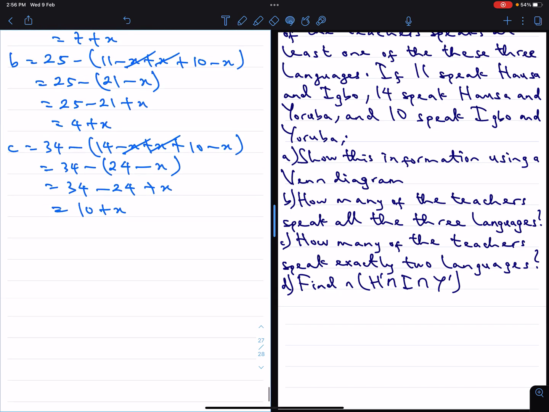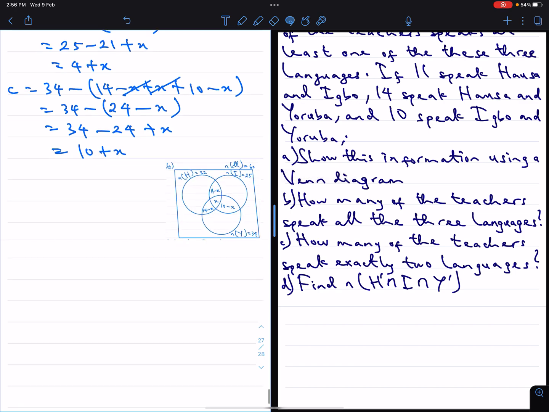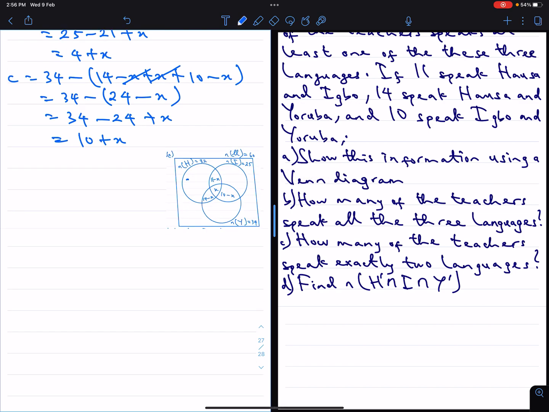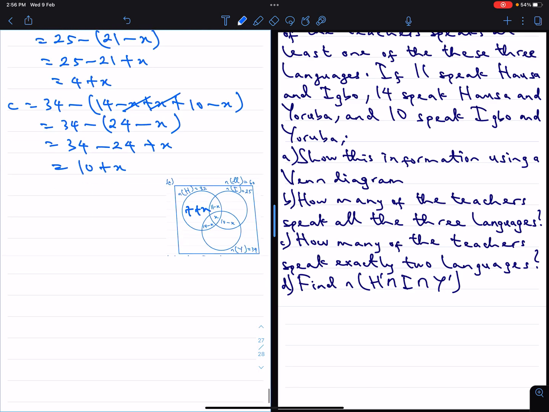So I think I need to paste a tiny image here. Okay, I know that this is 7 plus x, this is 4 plus x, and this is 10 plus x.